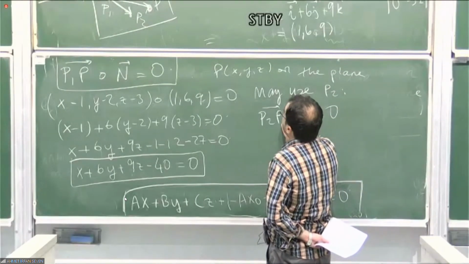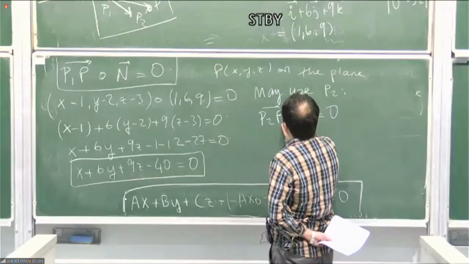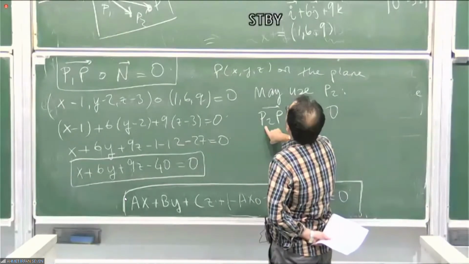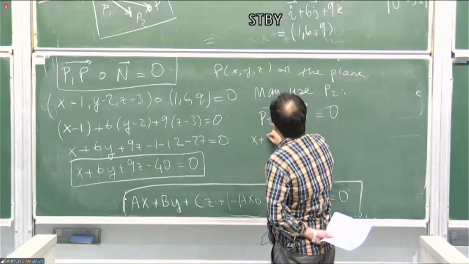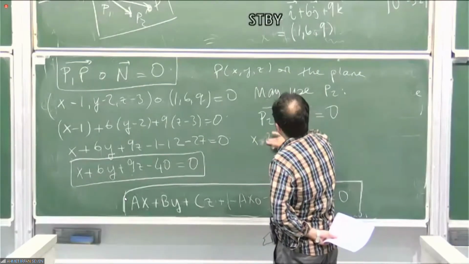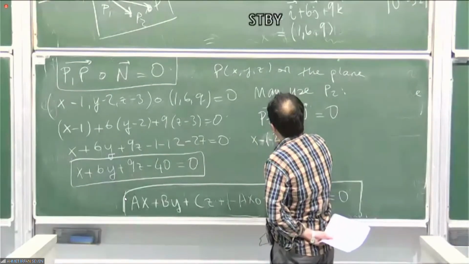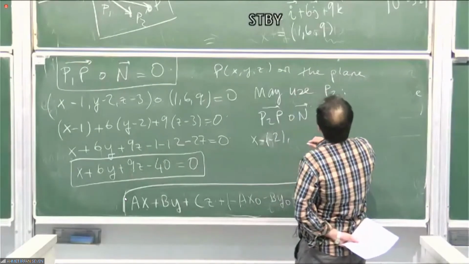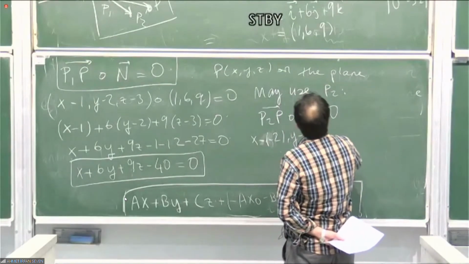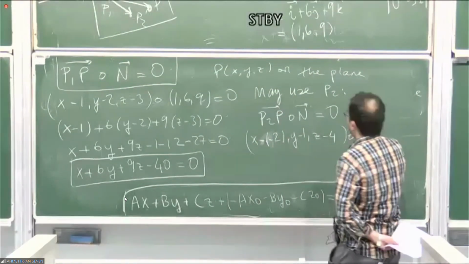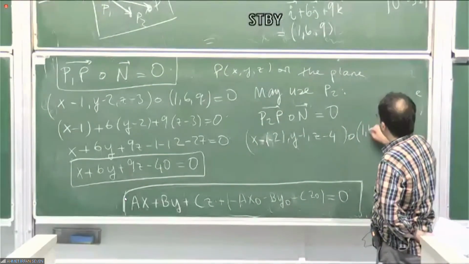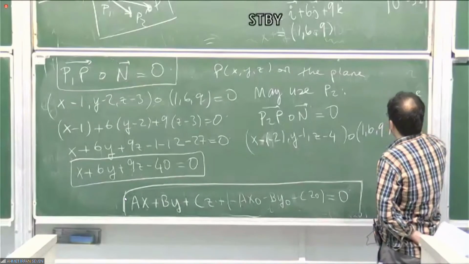So P is x, y, z minus P2. P2 is here. So it will be x minus minus 2, y minus 1, z minus 4, dot n is 1, 6, 9 equals 0.